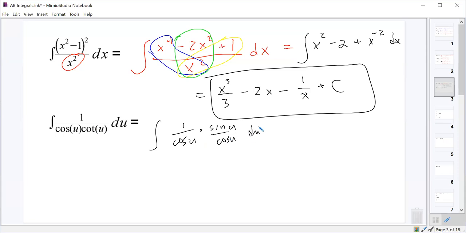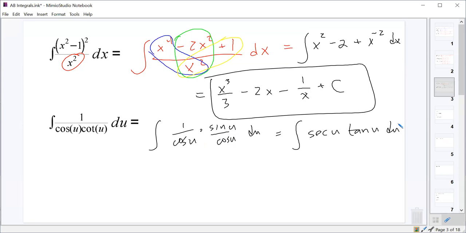Didn't you make it in terms of secant and tangent? Yeah, that'll be even better. So let's do that. This becomes a secant and a tangent, right? And what's the integral of secant tangent?